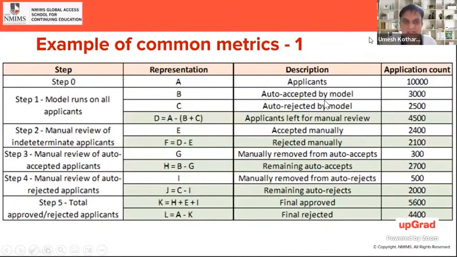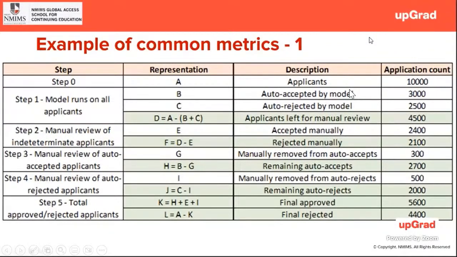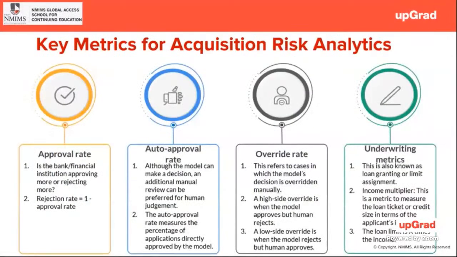So here, take a look at this data. You can take a photo of it also. The number of applications that you received was 10,000. Yes, Nehal? Sir, in case of an override decision, if the machine and human have different decisions, which one should be taken into consideration?